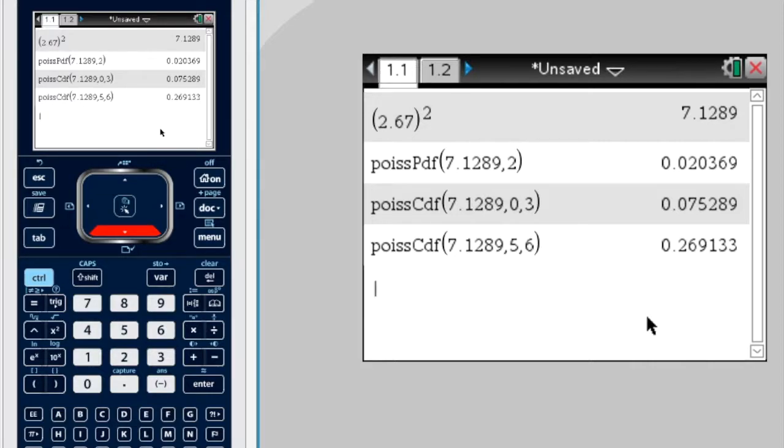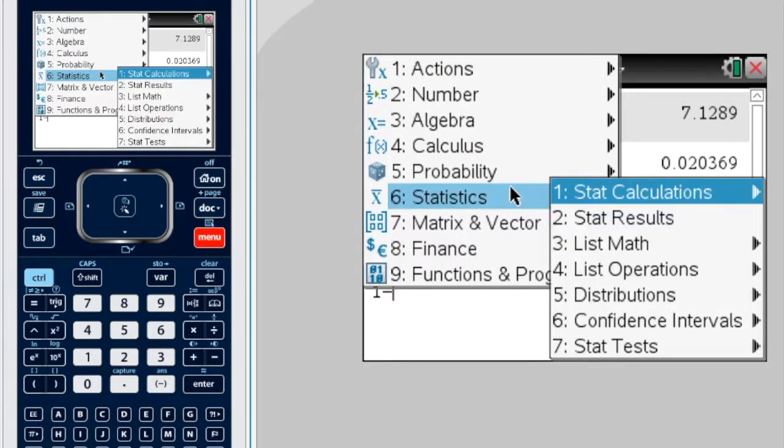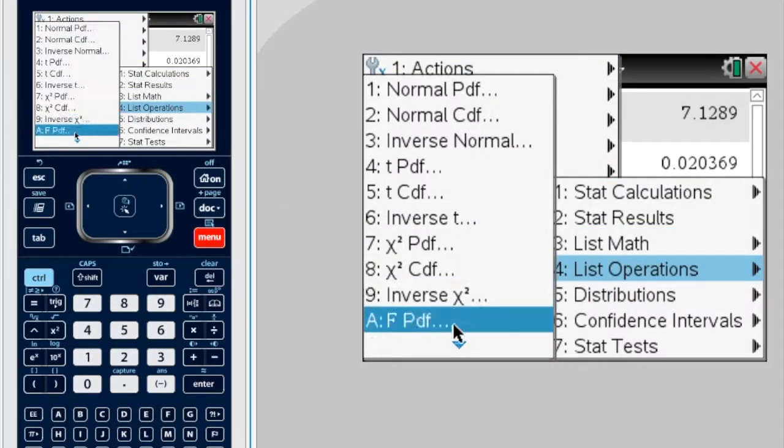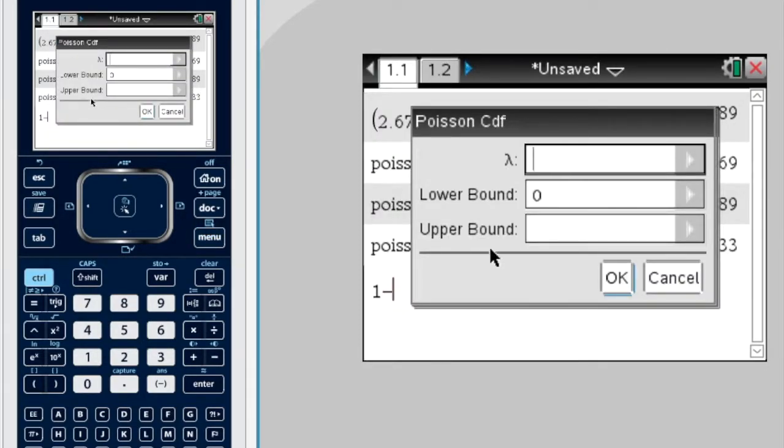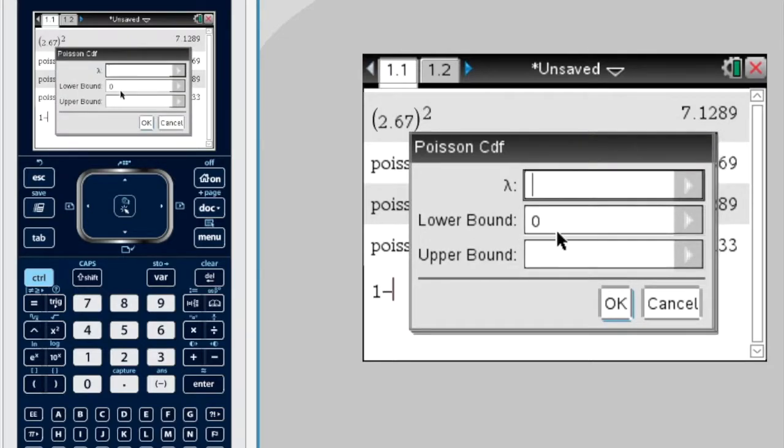Complementary means we take away from 1, and then we do menu, statistics, distributions, Poisson CDF. We put in the mean again, which is 7.1289. The lower bound is 0, and we go up to 2, because that's the complement of bigger or equal to 3. Press OK.